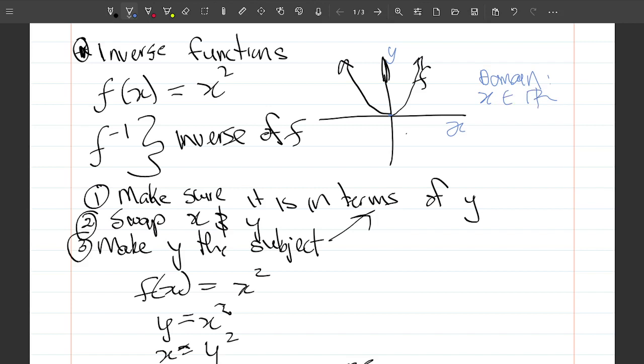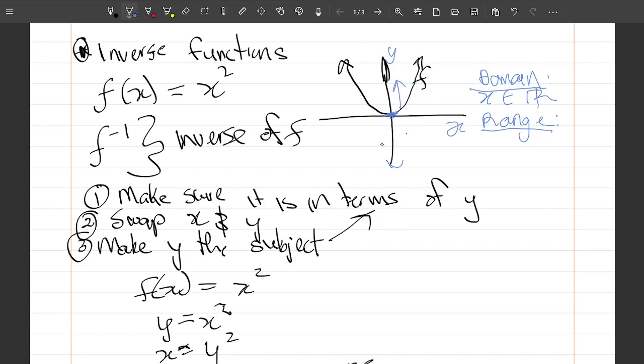However, for the y, which is the range, now we're talking the range is all about the y values. When we look at the y, my original graph actually starts from the origin 0 up until infinity, because remember we have positive values there. So this goes up until infinity in terms of y. So it only covers this part of the y-axis, sorry.